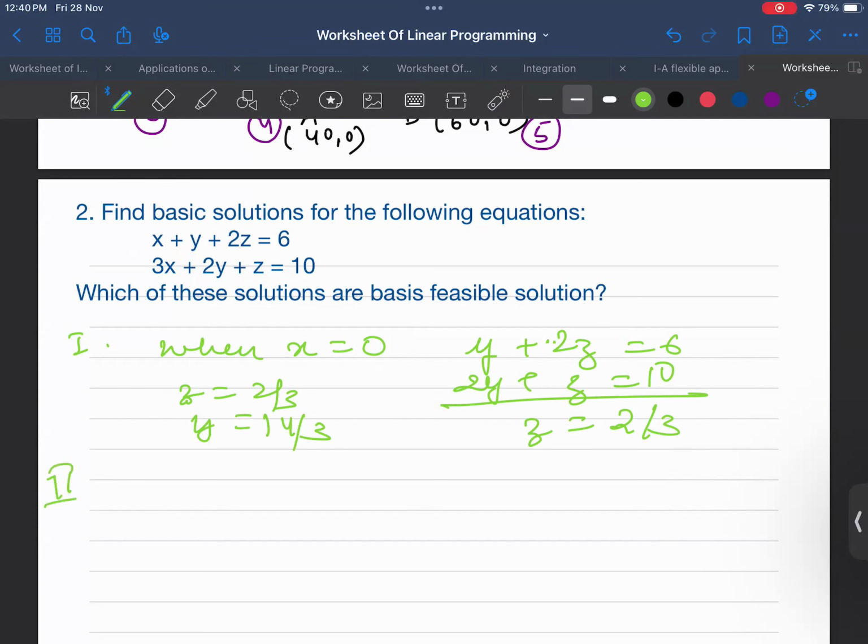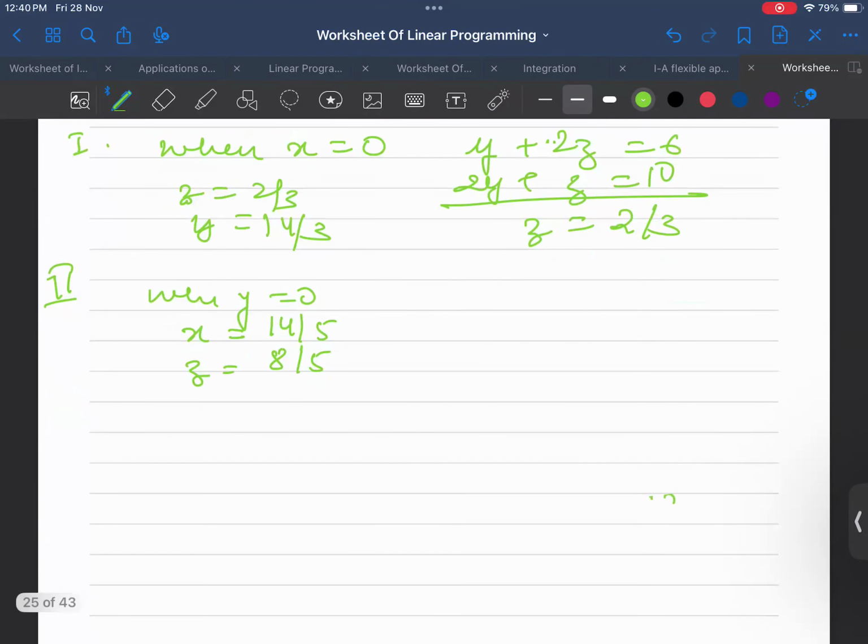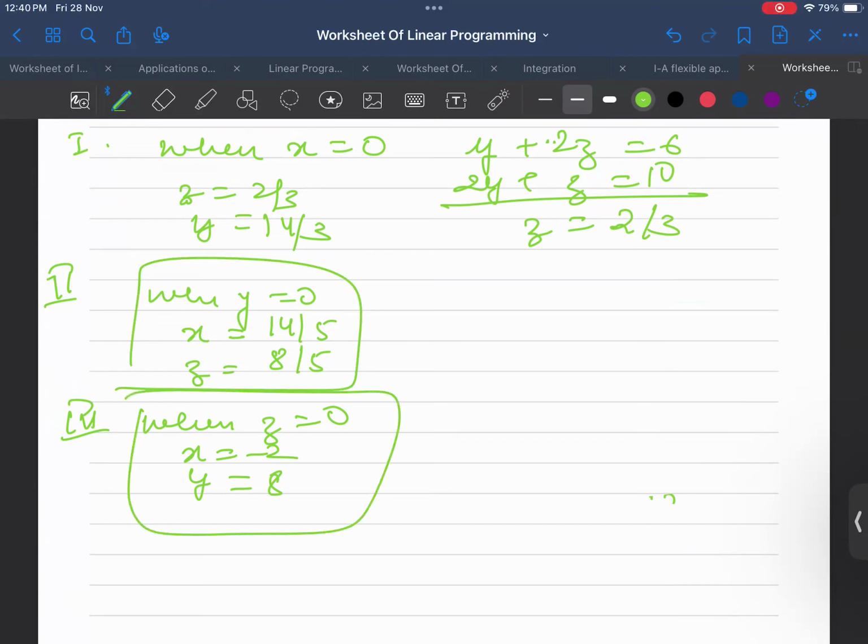Second case can be when you are keeping y equals to 0, you will get the values of x equals to, please solve it. Take your time, no worries, but I am doing it a bit fast so that we can complete it. Then when we keep z equals to 0, x equals to -2 and y equals to 8, right? When you solve these, you will realize this value is coming 2.